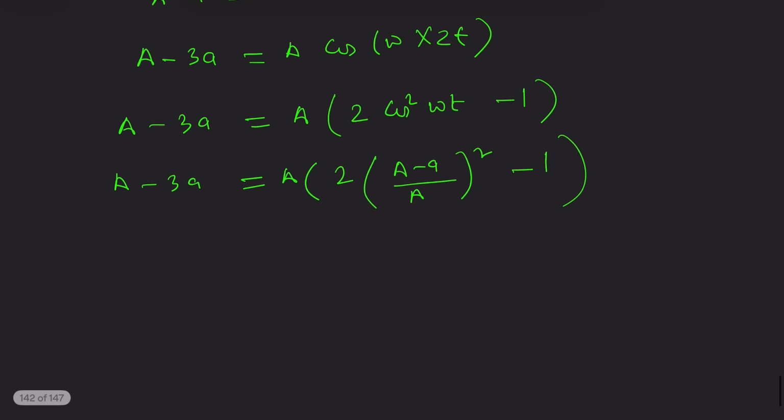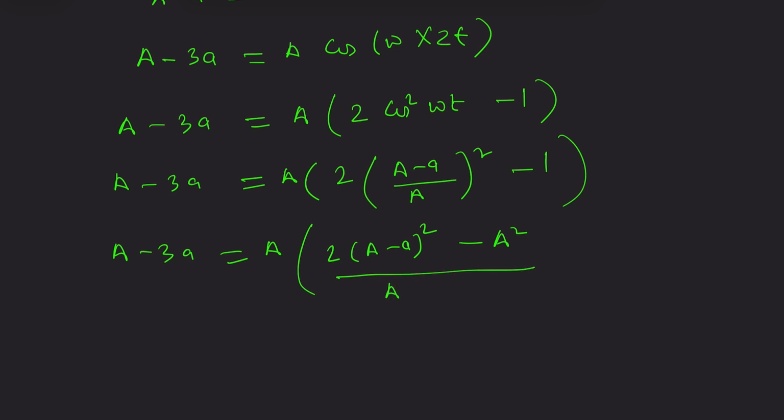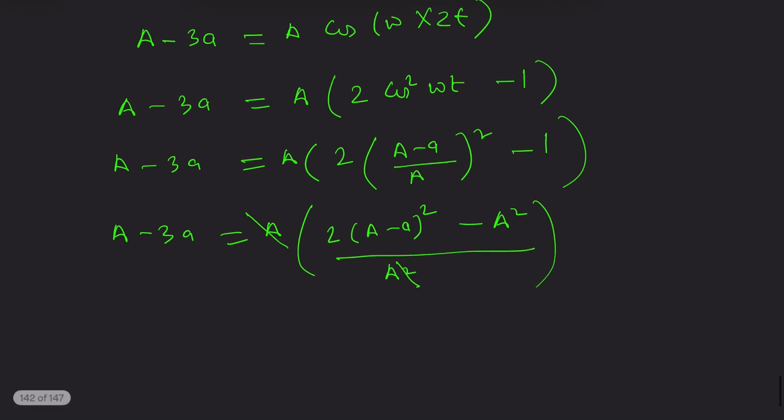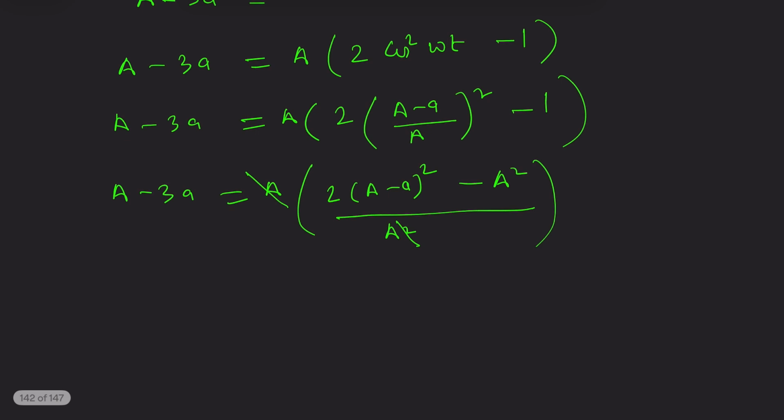I'm going to do a little bit of math here. So a minus 3a is 2(a minus a)² minus a², divided by a². One a cancels, and the remaining denominator a goes to the left side. It becomes a² minus 3aa = 2(a minus a)² minus a².